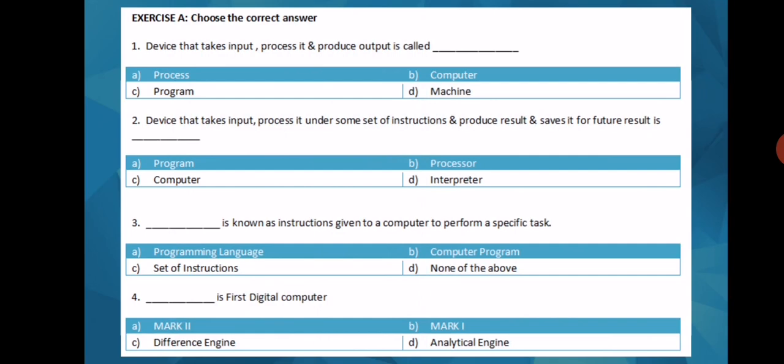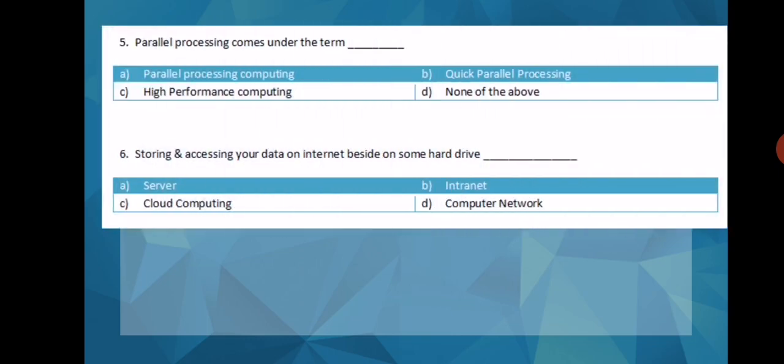Number 3, dash is known as instructions given to a computer to perform a specific task. Number 4, dash is the first digital computer. Number 5, parallel processing comes under the term dash. Number 6, storing and accessing your data on the internet besides on some hard drive is dash.